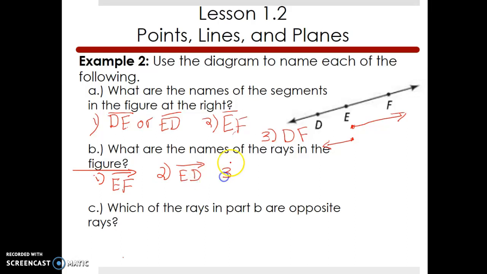The third one, what if I start over here and go that way? So this one I can write 2 ways. The endpoint is F, so that doesn't change. However, it's going towards E or D. So I could have picked both. It's the same thing.